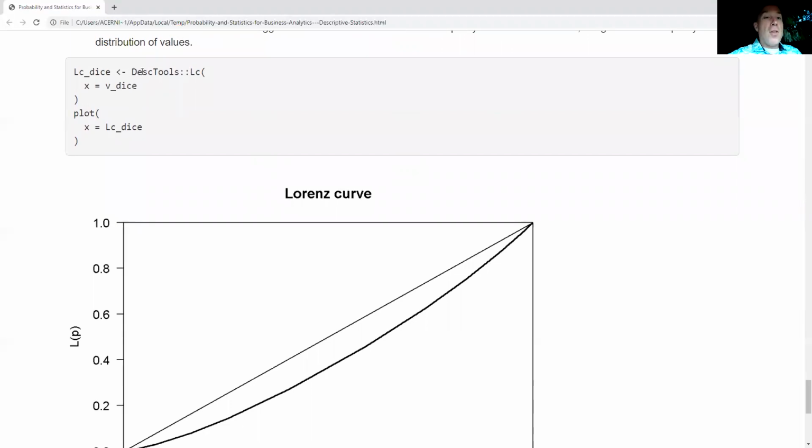In my R session, I have to download the package. I have to use install.packages and download this package right here. And now I'll have all those functions to work with. This function is not in base R when you first download it. I'm going to use the LC for Lorenz curve package. I pass the value, and I just tell it to plot it.